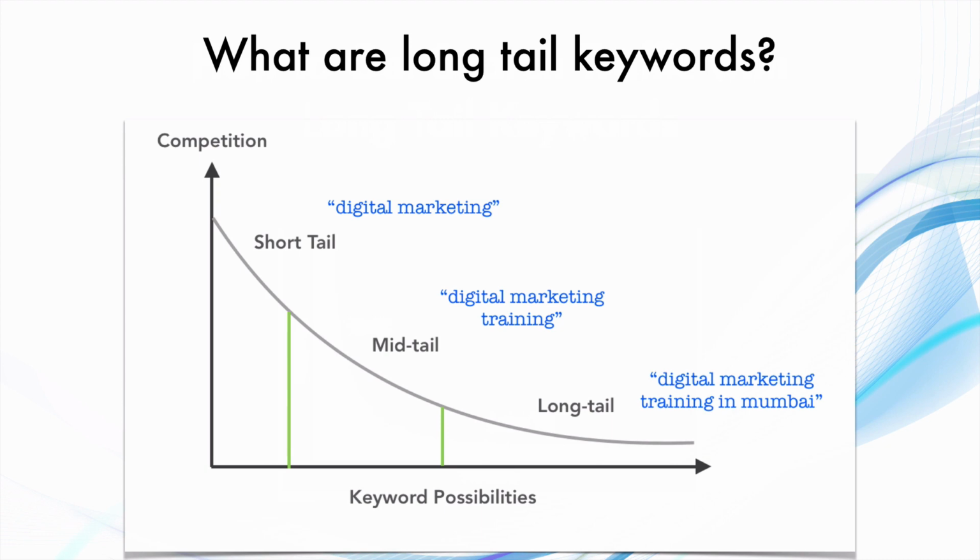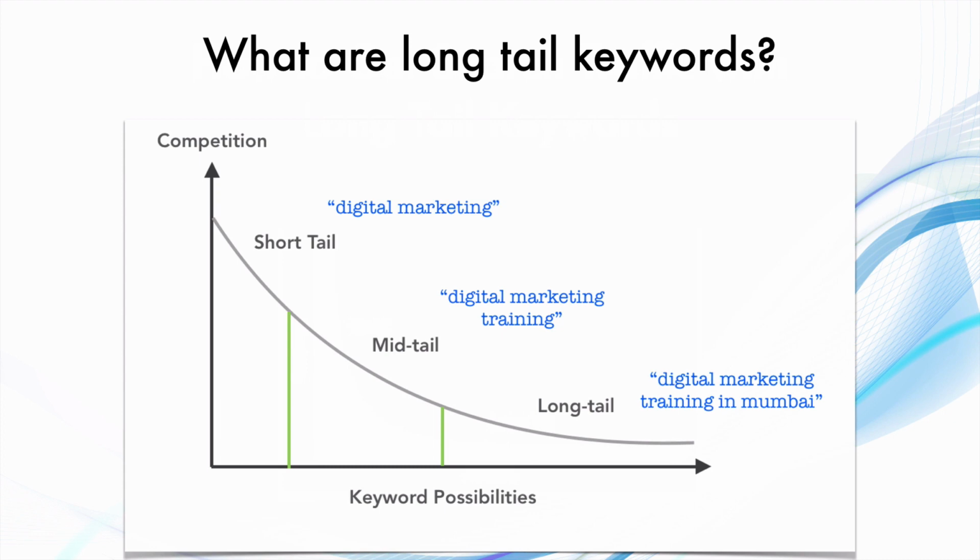However, if you look at long tail keywords, they will have many words in the entire keyword phrase. Here, a long tail keyword would be digital marketing training in Mumbai. And mid tail is also a form of long tail keywords. Digital marketing training is a bit of a longer tail than the short tail digital marketing, so that's why we call it mid tail.